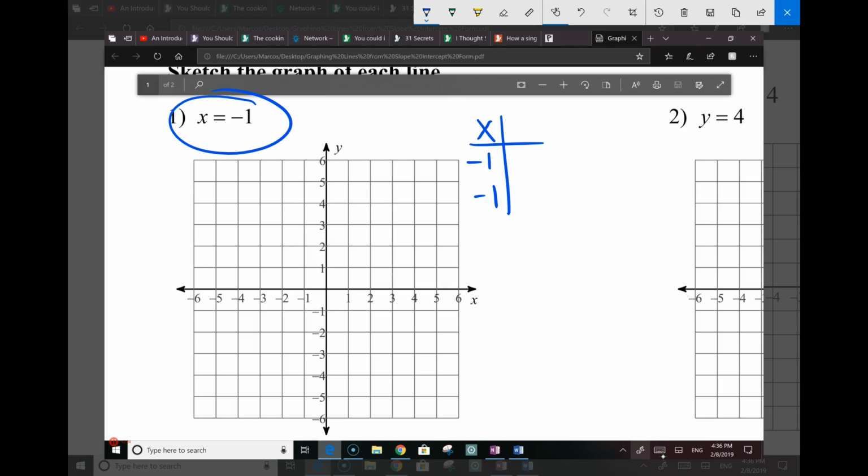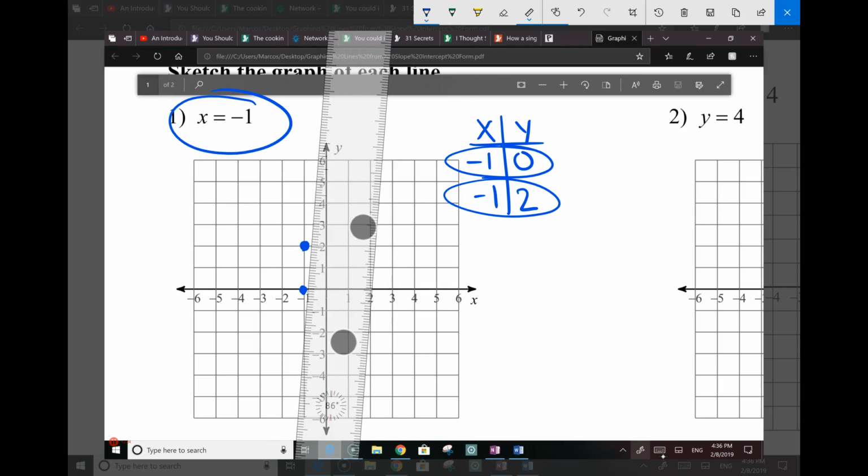But I can pick any value I want for y, my output. So I'm going to start with 0, and I'll pick +2. Now, I have my ordered pairs already, and so all I need to do is place these on the coordinate plane. So -1, 0 would be here, and -1, 2 would be right here.